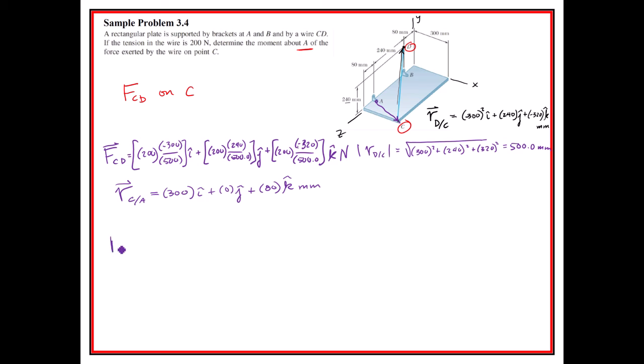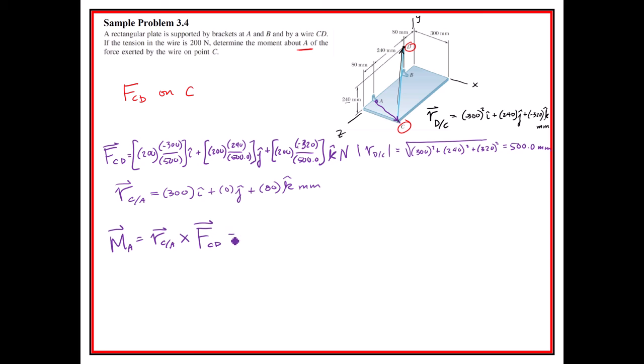So the equation to answer the problem looks like this right here. We take the cross product of R of C with respect to A and cross it against FCD.